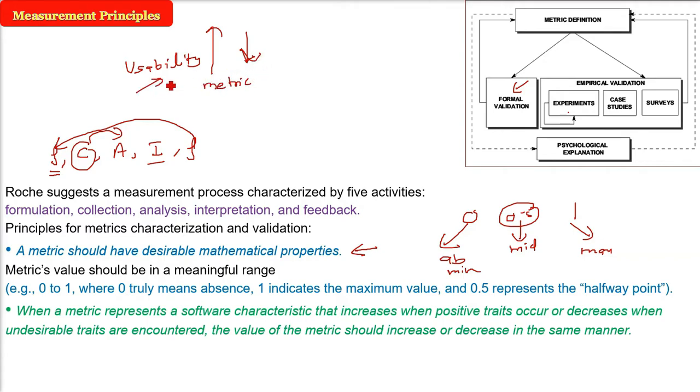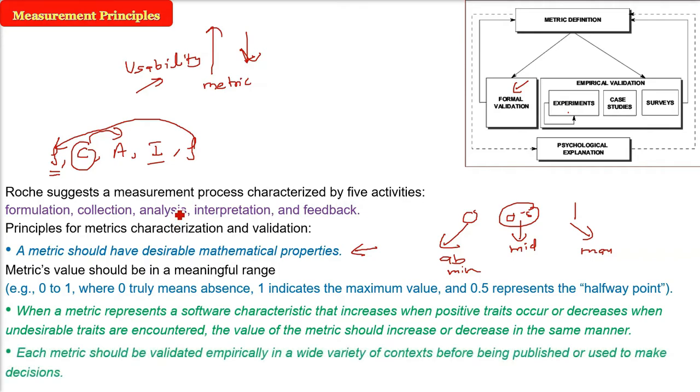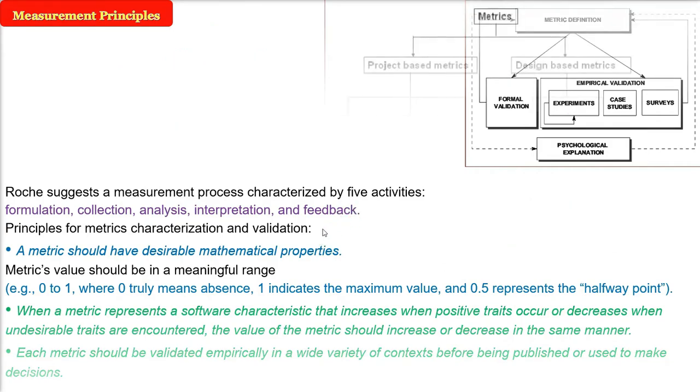That is, it should show the correspondence. Then each metric should be validated empirically in a wide variety of contexts before being published. For example, we can do empirical validation through experiments, case studies, surveys. We can use proper mathematical modeling and mathematical concepts to formally validate these metrics. But before being published or used for decisions, we need to do it.